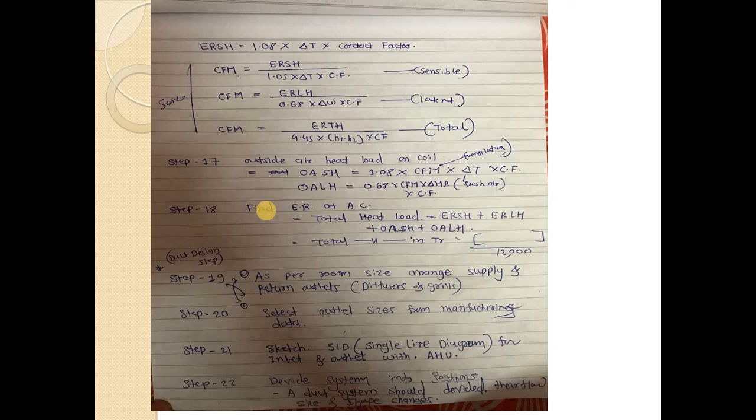And the 18th step is to find out the tonnage of the AC. The total heat load is equal to ERSH plus ERLH plus OASH plus OALH, where ERSH is effective room sensible heat, ERLH is effective room latent heat, OASH is outside air sensible heat, and OALH is outside air latent heat.